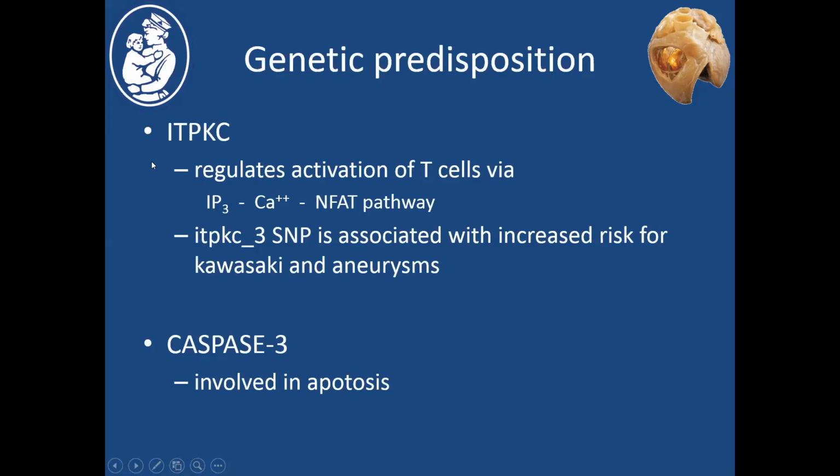There are a number of genes with particular single nucleotide polymorphisms that are associated with increased risk. Inositol triphosphate kinase here is one of these. This works in the pathway that activates T lymphocytes, the IP3 calcium, this is a nuclear factor of activated T lymphocytes in that pathway.